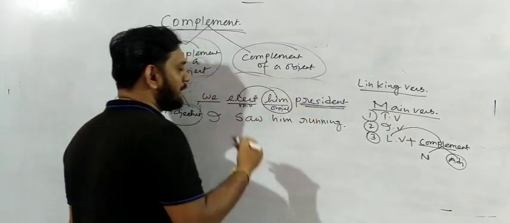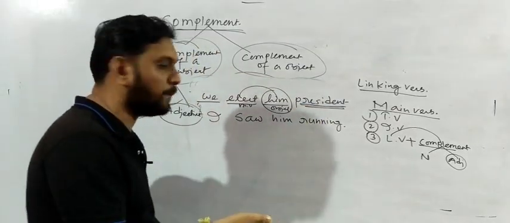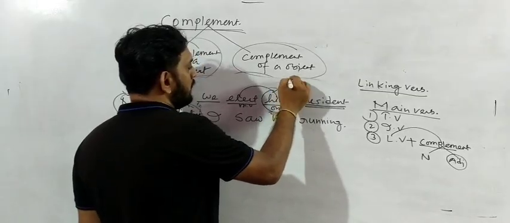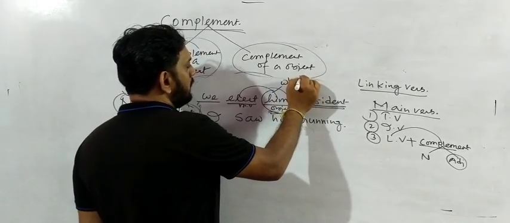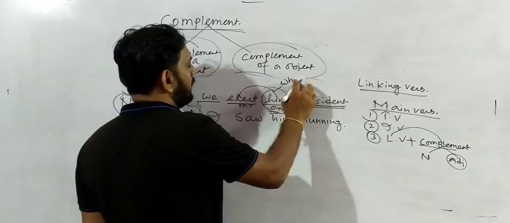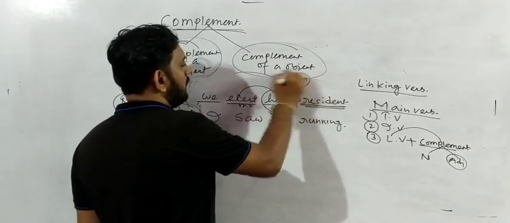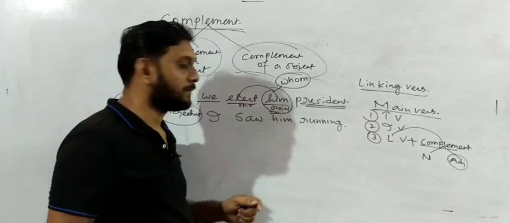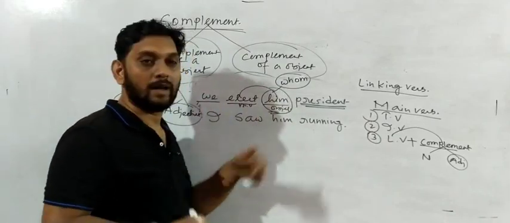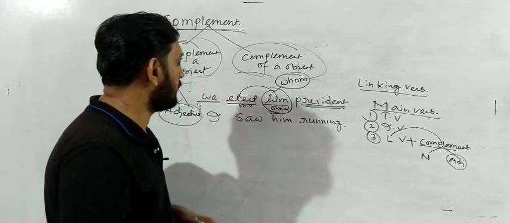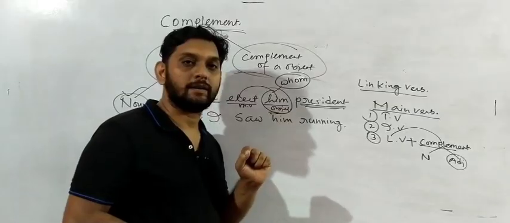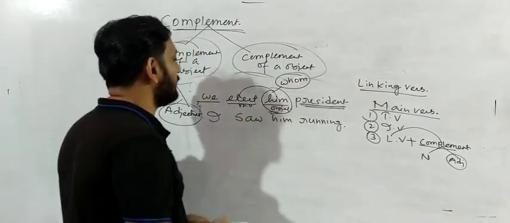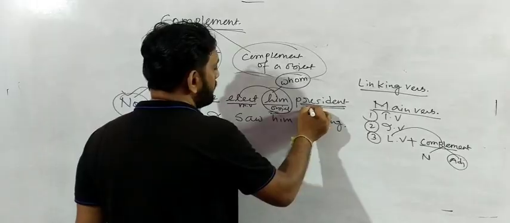We elect him. We elect whom? If you don't understand, ask using the WH question word whom. We elect whom? The answer we got is him. For what? As a president. So we elect him president. This president is called the object complement.